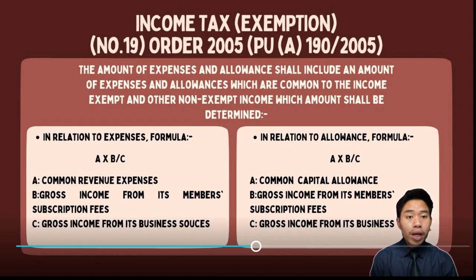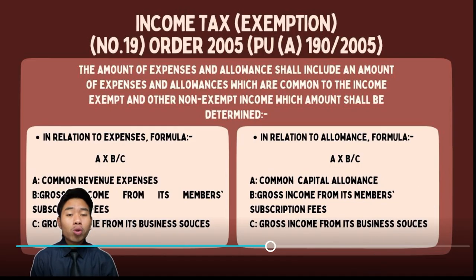First, in relation to the expenses formula, A times B divided by C. A is common revenue expenses, B is gross income from its member subscription fees, and C is gross income from its business source.